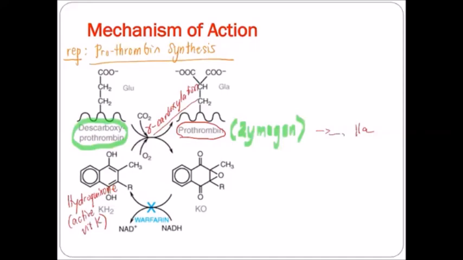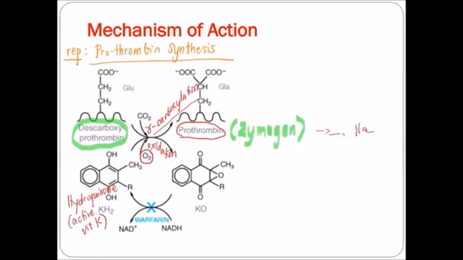So anong nangyayari? Para maganap ang gamma carboxylation, the hydroquinone or the active form of vitamin K must undergo oxidation reaction. That's why may incorporation ng oxygen dyan. And through oxidation of hydroquinone, may gamma carboxylation.